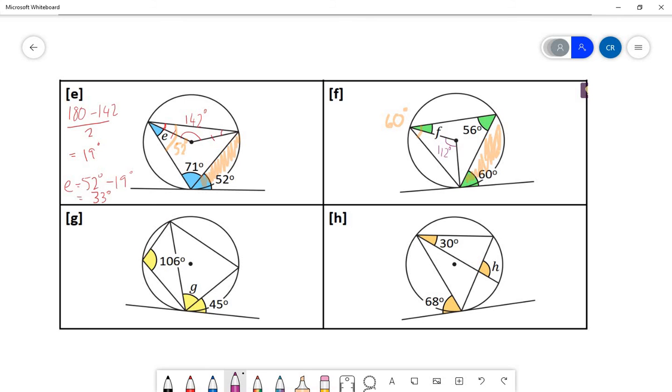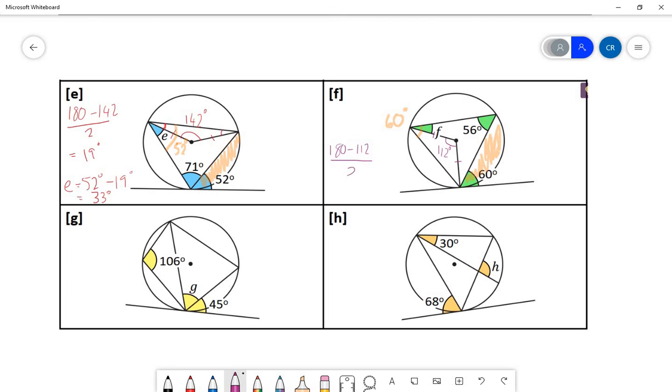Then we have got an isosceles triangle, okay, and so we can work out those two matching angles. If we do 180 minus 112 divided by 2, somehow I've drawn myself a box.